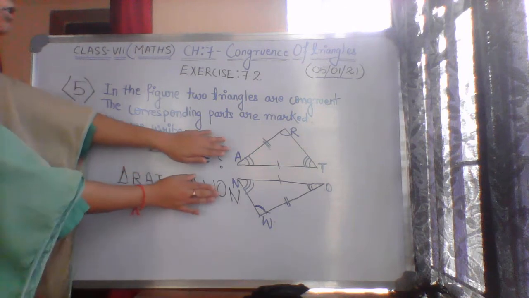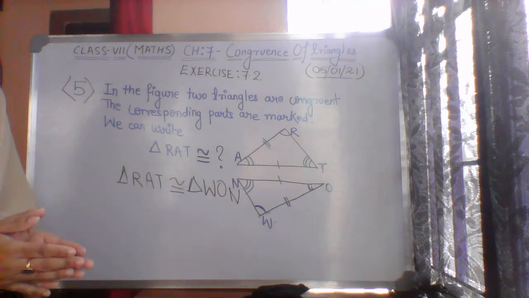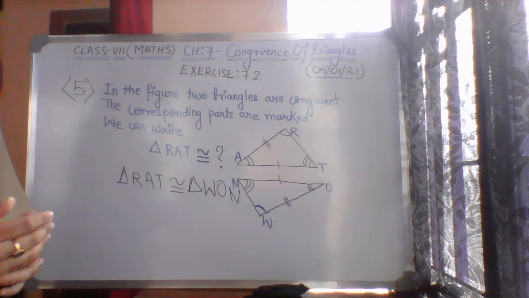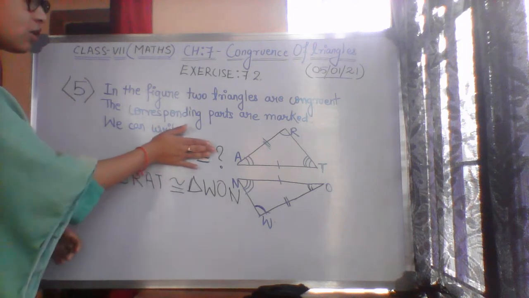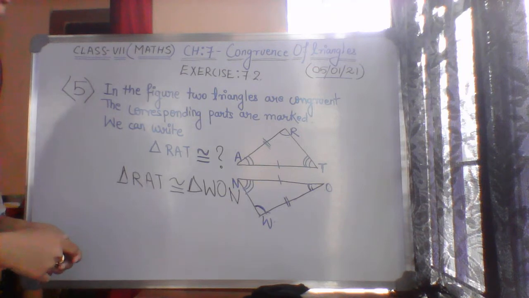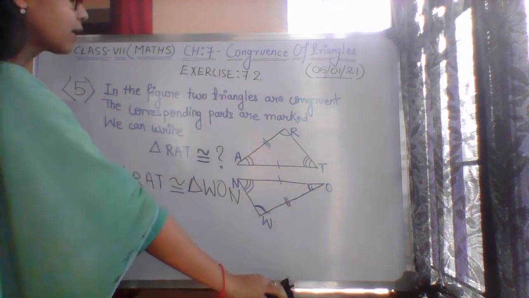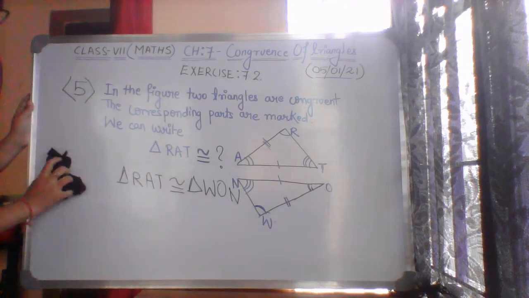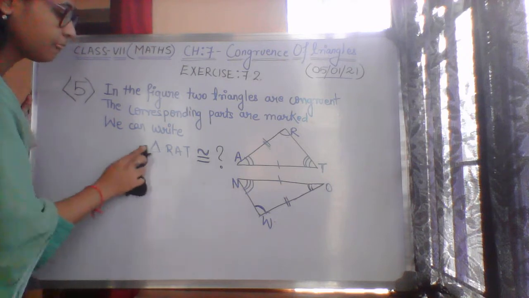But if this is not given, I am just changing the question and you try to think over that. If this is not given, what are you going to write? And it is also not given that the two triangles are congruent. I am changing this question a little. You try to answer the question.